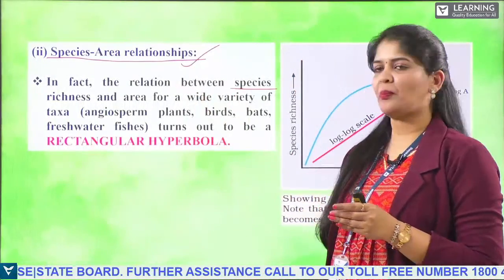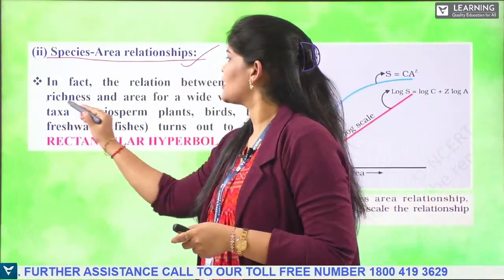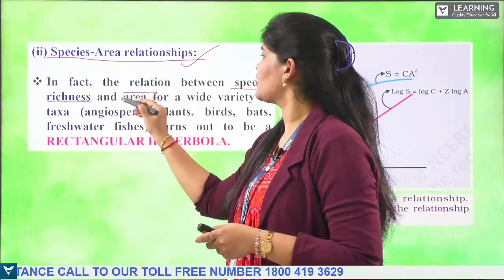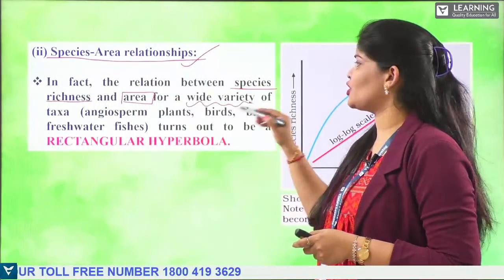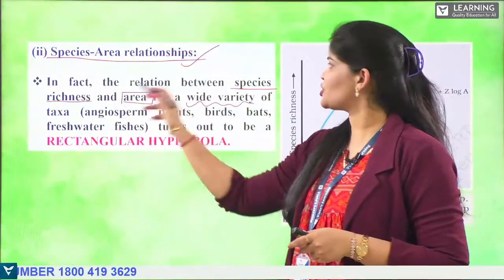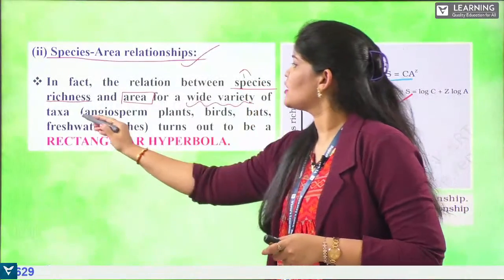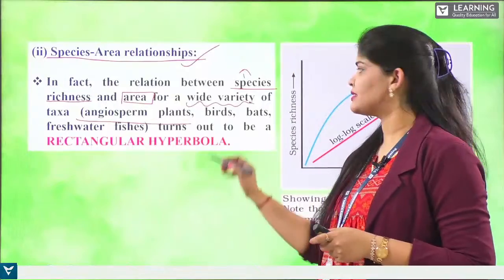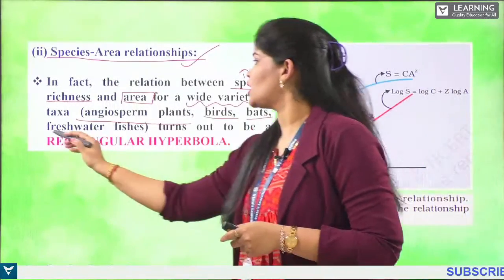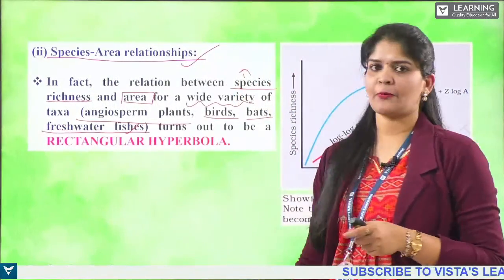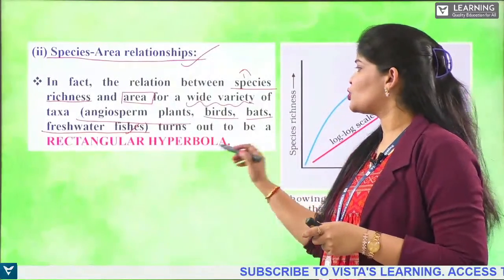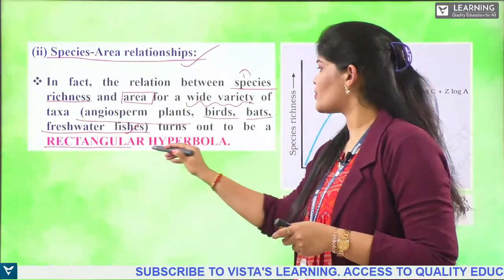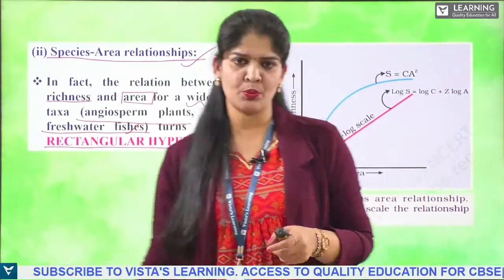The relation between species richness and area for a wide variety of taxa, which includes angiosperm plants, birds, bats, and freshwater fishes, turns out to be a rectangular hyperbola.